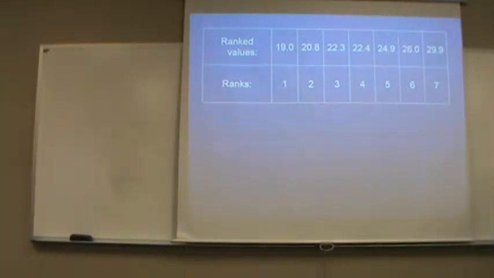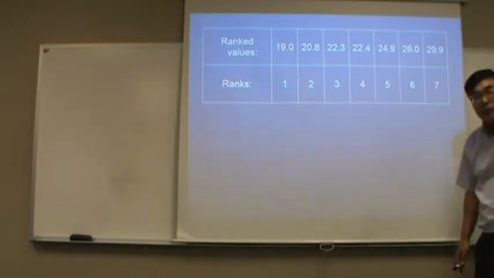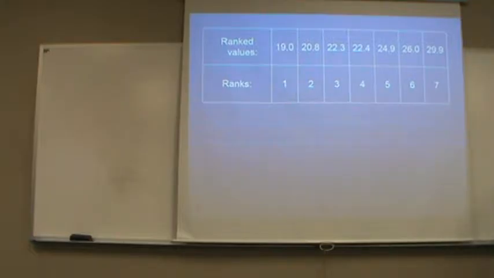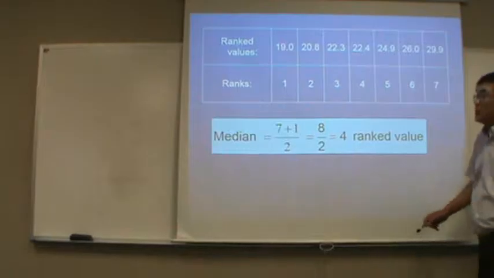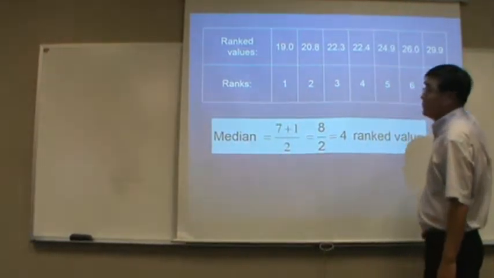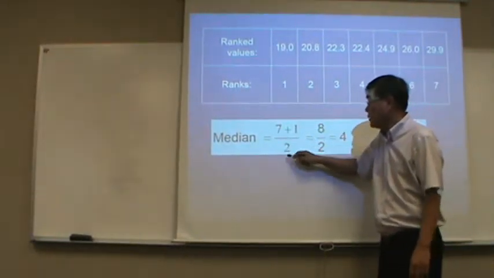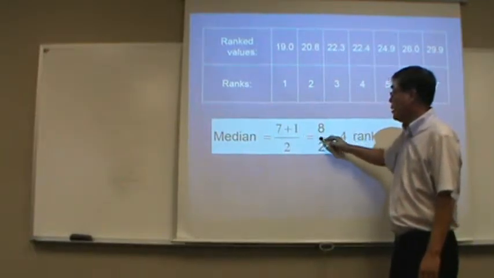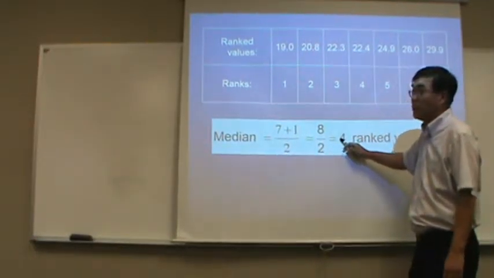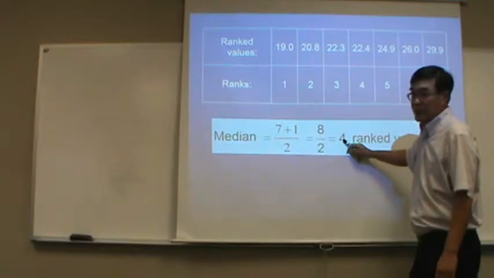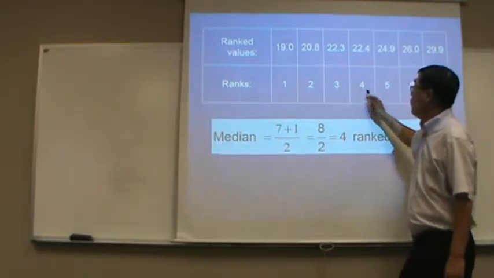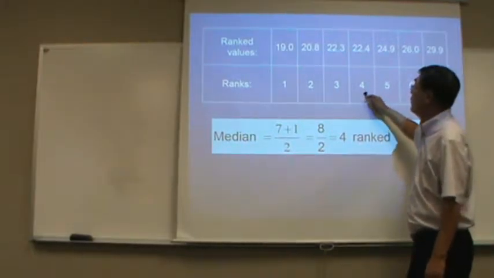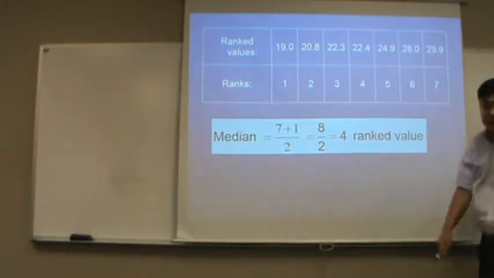Find the physical location, where the midpoint is, using the formula n plus 1 divided by 2. n is 7, the sample size, plus 1 is 8, divided by 2 is 4. So the fourth ranked is the physical location. 1, 2, 3, 4.